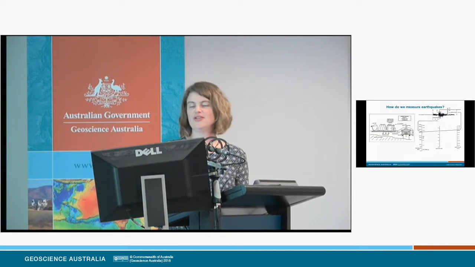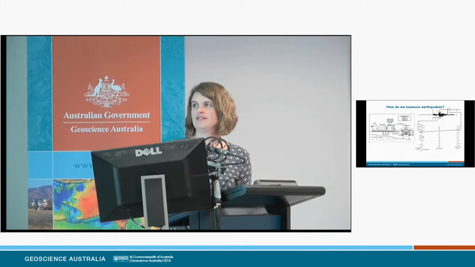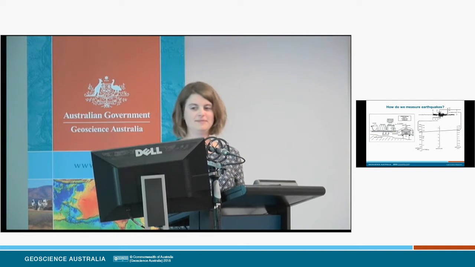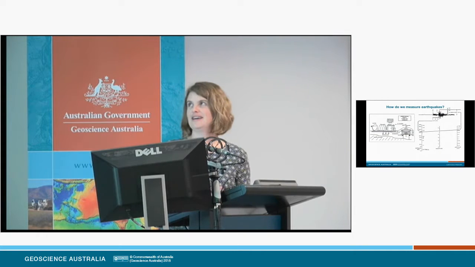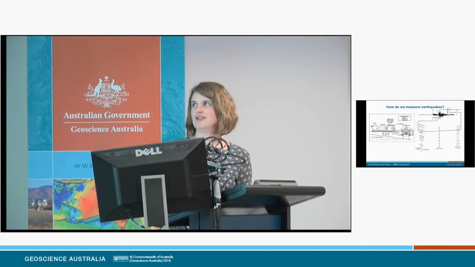So how do we measure earthquakes? Well, here's a schematic diagram of what one of the seismic stations looks like that we receive information for in the Tsunami Warning Centre. I just want to highlight, this is the vault with the seismometer here, the dish, the solar panel and the acquisition equipment. And so every earthquake produces a seismogram, and this is a seismogram up here.